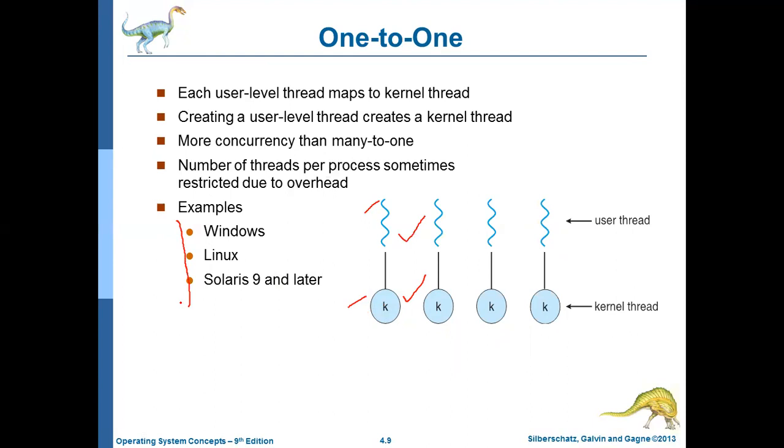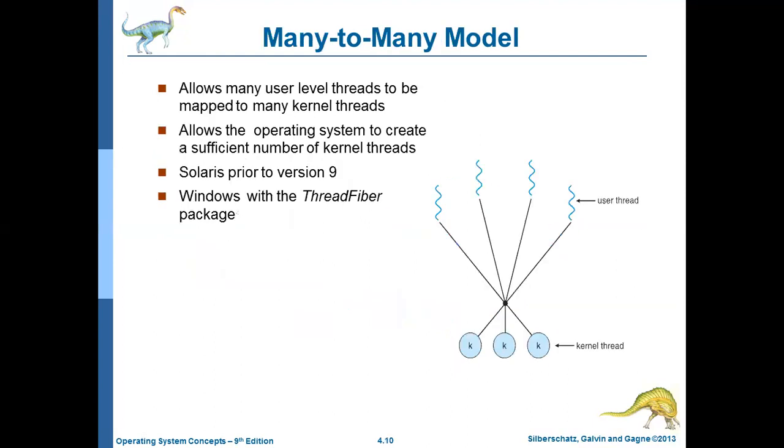Now we'll move on to the third model, which is the many-to-many model. In the many-to-many model, as you observe, we have many user threads mapped onto many kernel threads. And always remember, it is mapped onto a sufficient number of kernel threads. Solaris and Windows make use of this many-to-many model.